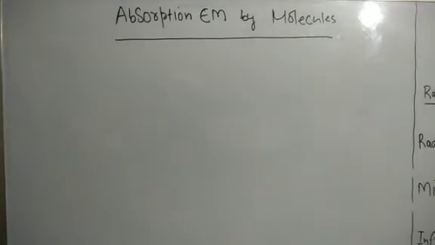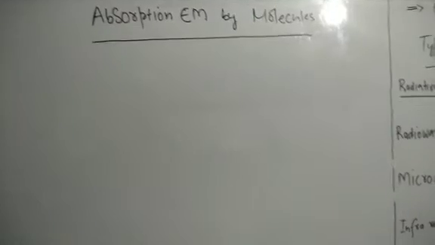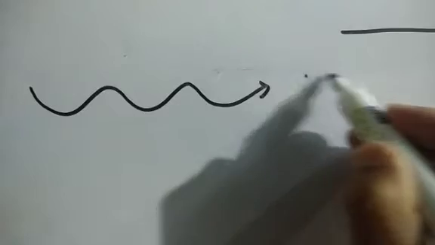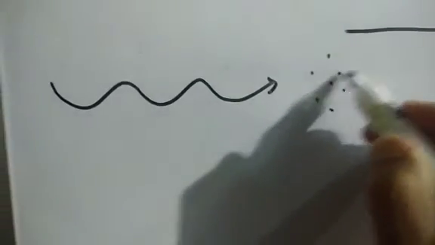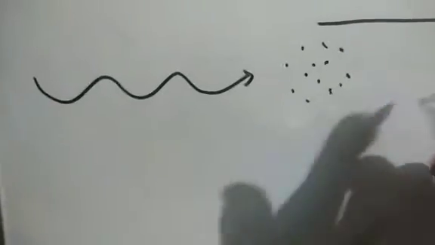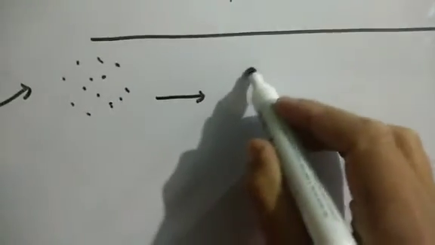Now we'll talk about the absorption of that electromagnetic radiation in matter. As I mentioned in our last lecture, the electromagnetic radiation interacts with the matter, and this interaction gives us the structure of the molecule.